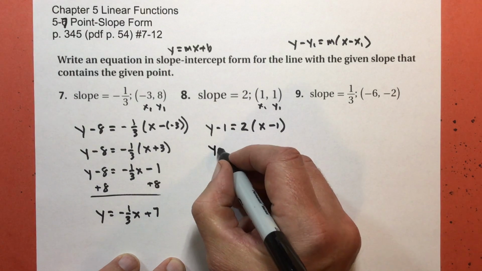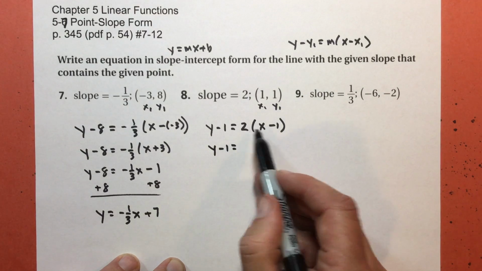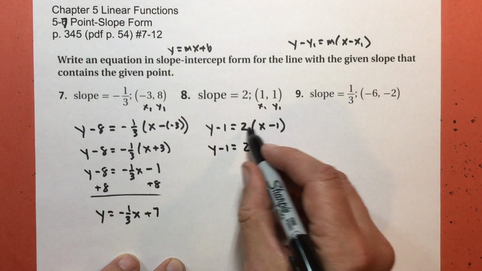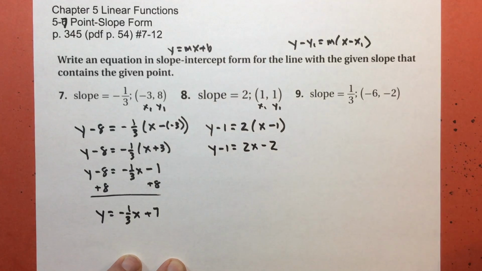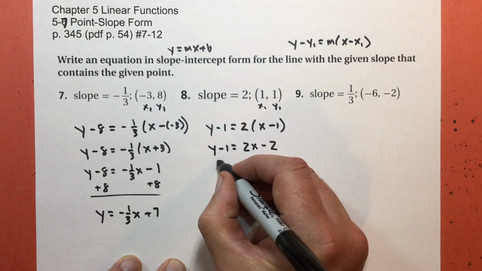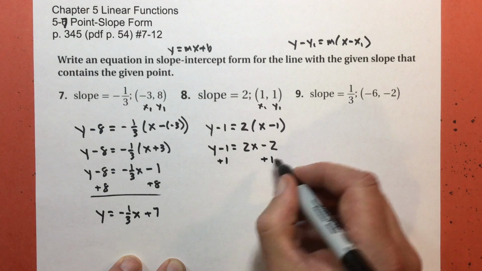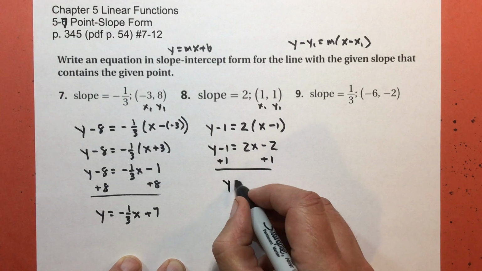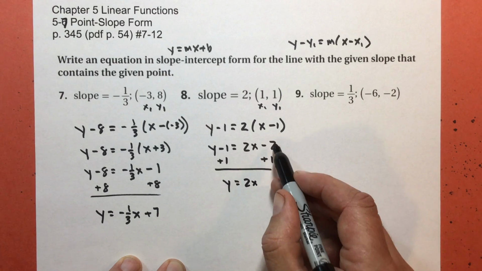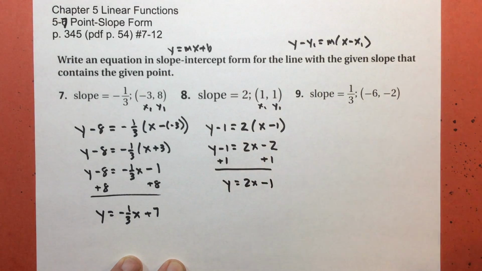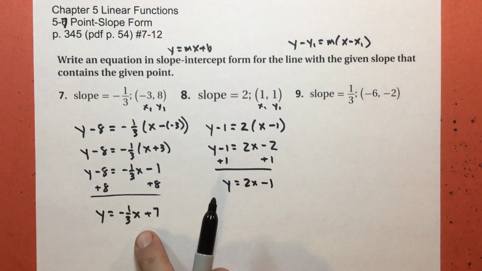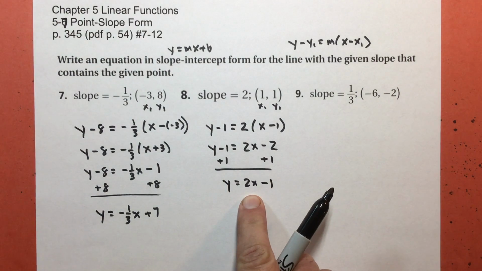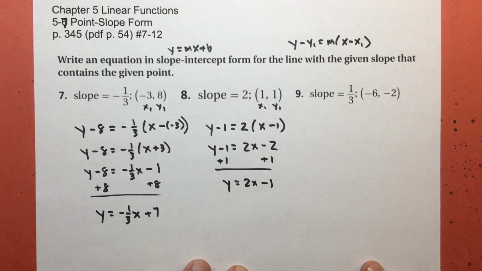So I'm going to do y subtract 1 equals 2 times x, 2 times negative 1. And to isolate the y, I'm going to add 1 to both sides, and I get y equals 2x. Negative 2 plus 1 is negative 1. So again, slope-intercept form from point-slope form.